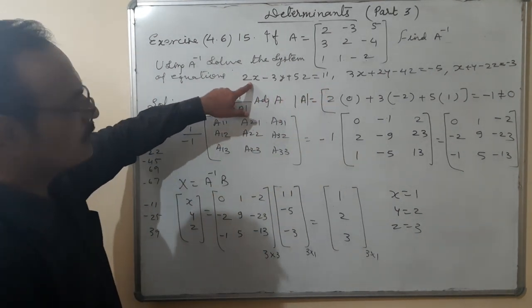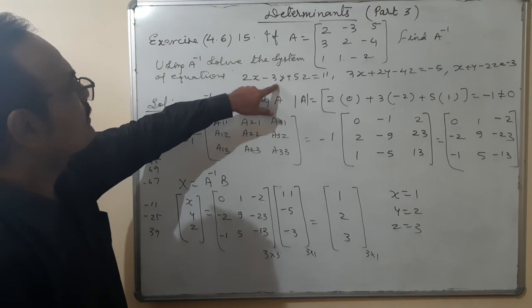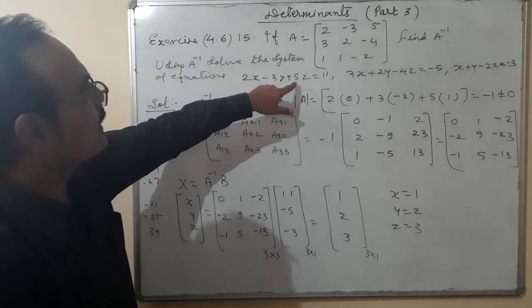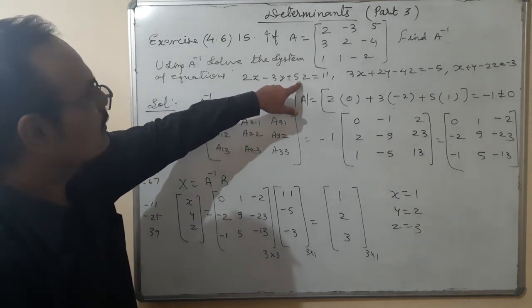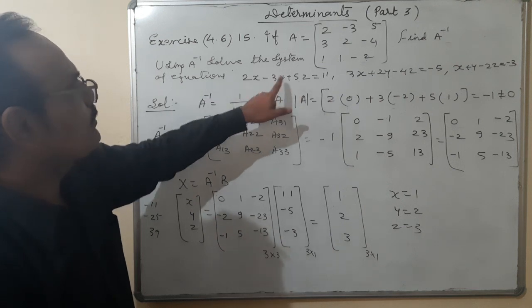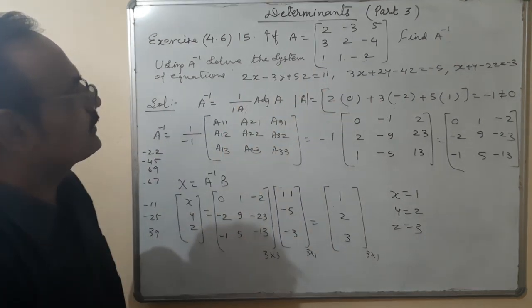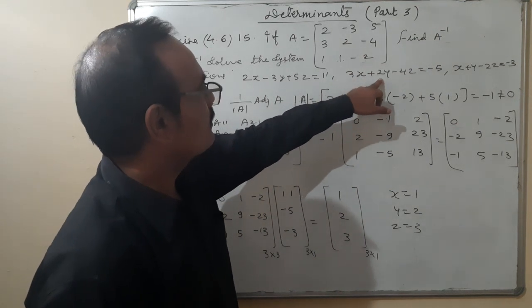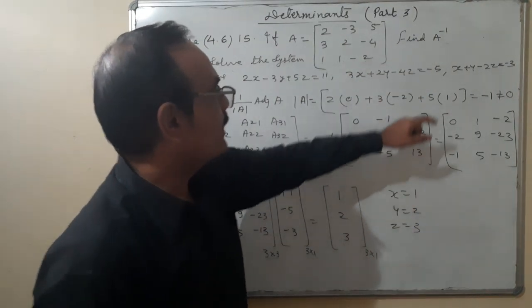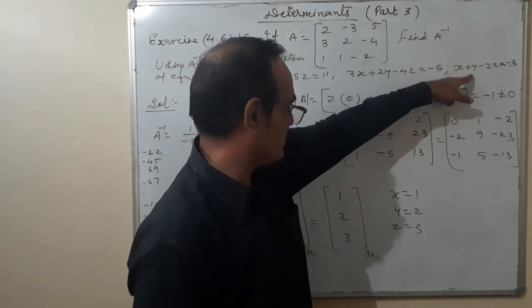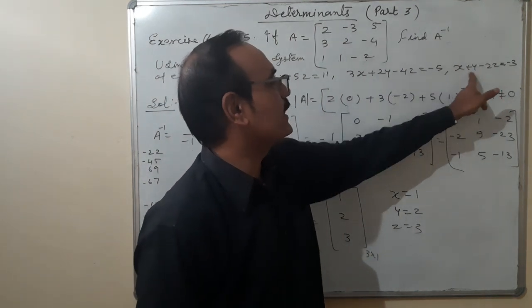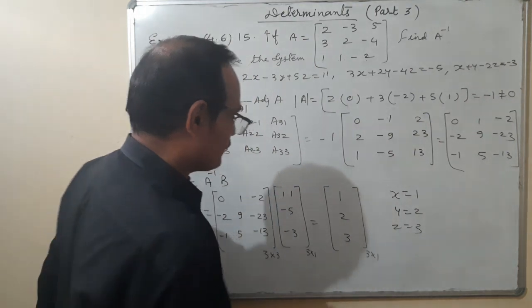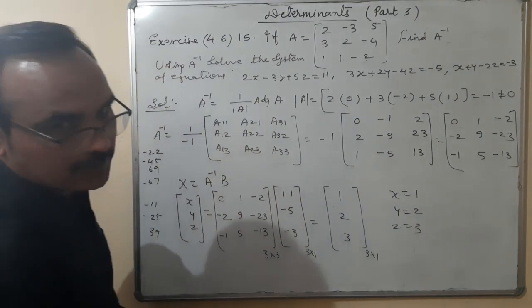So it is 2 minus 6 minus 4 and minus 4 plus 15. Minus 4 plus 15, 11, correct? Here is 1, 3 plus 4, 7 minus 12, minus 5, and it is 1 plus 2, 3 minus 6. 6 minus 3, it is minus 3. So now the values of x, y, z are 1, 2 and 3.